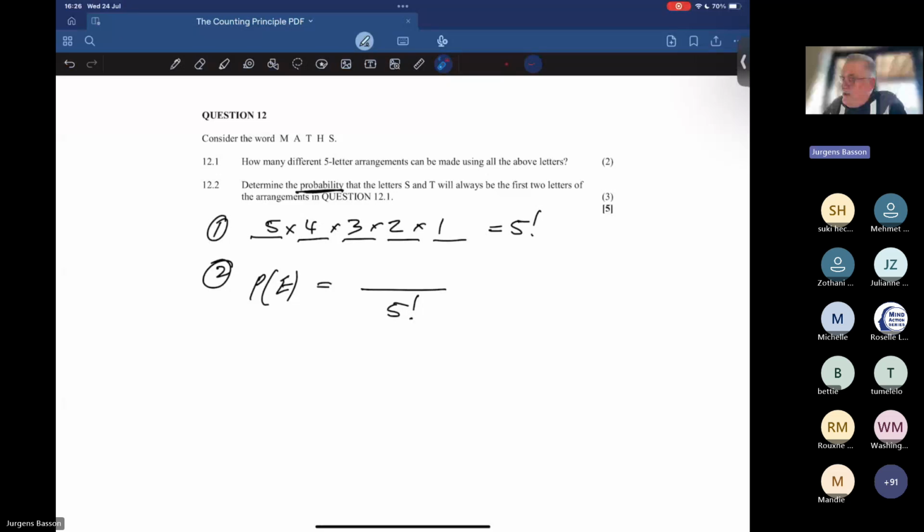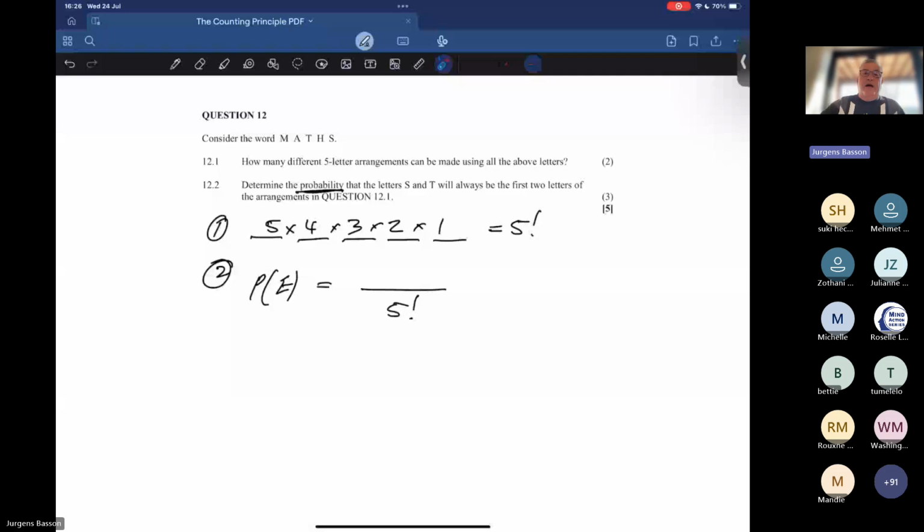If I can put it in my own words, it is a group. Now, if we just think about it, just stop there, don't read the rest. If I change the question slightly and I say to you, S and T must always be together, then you will agree with me there's one group of 2 and there's still another 3 letters. So then we will say 2 factorial becomes 1 times 4 factorial. But let's read what they say. They say S and T, but they must always be the first 2 letters of the arrangement.